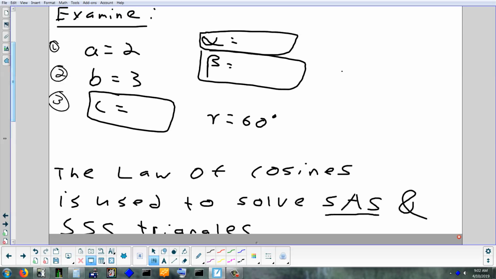Because if you were to sketch it, it would look like this. Again, not to scale. A, alpha, B, beta, C, gamma. You have a side, and the angle that you know is where the two sides meet. The angle is between the sides.